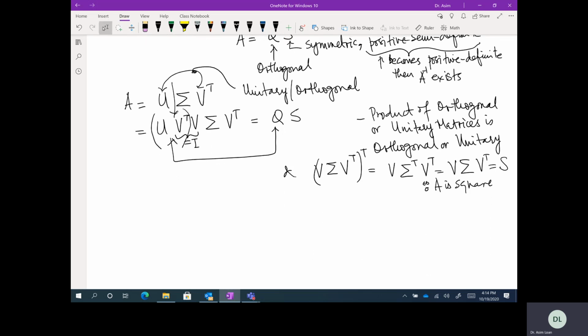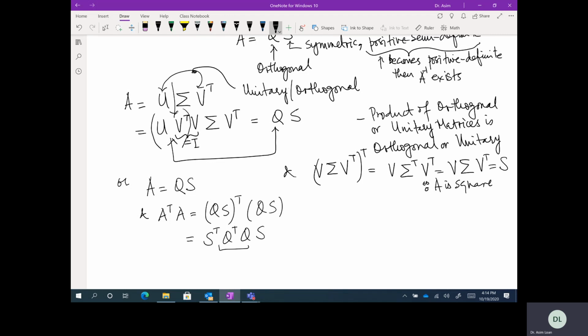Or A equals QS, and A transpose A equals (QS) transpose times QS, which is S transpose Q transpose Q S. But Q transpose Q is I because it's orthogonal, and S is symmetric, which means S transpose equals S, so this is simply S squared.